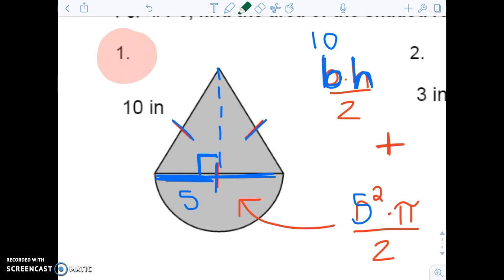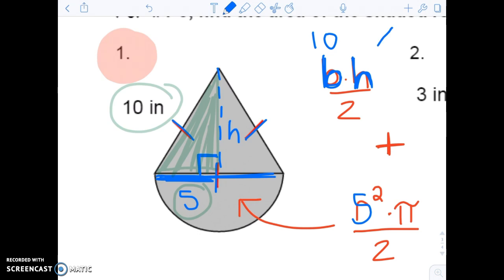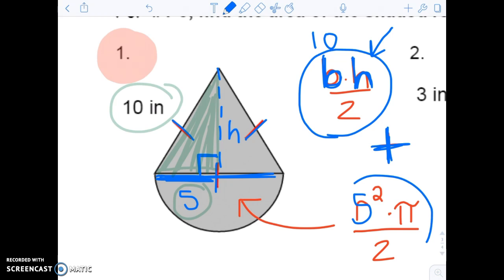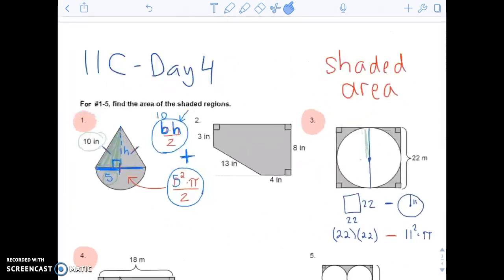So if you were to focus on just this triangle right here, which is a right triangle, and knowing that we have the hypotenuse and one of its sides, you could actually use the Pythagorean theorem to calculate the height. Once you know the height, you're going to put it right there, and then do your calculation for your triangle. Once you have that answer, don't forget to add it back to the answer you have for your half circle. So some of these are just more of a process.